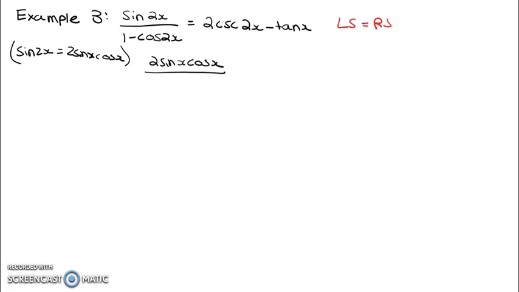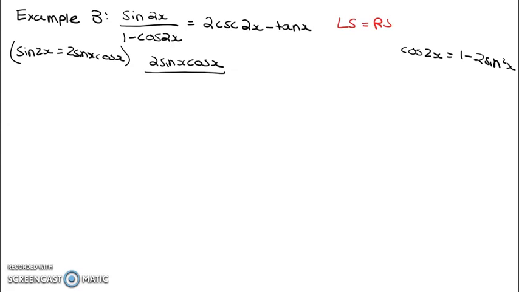For the denominator, my apologies, I'm going to apply the identity that cosine 2x is equal to 1 minus 2 sine squared x.